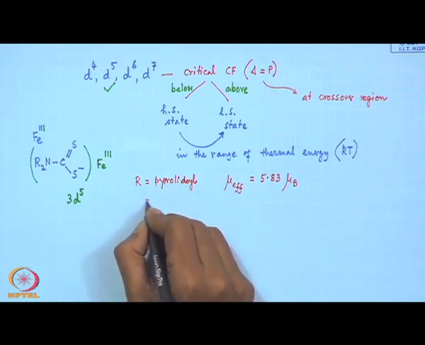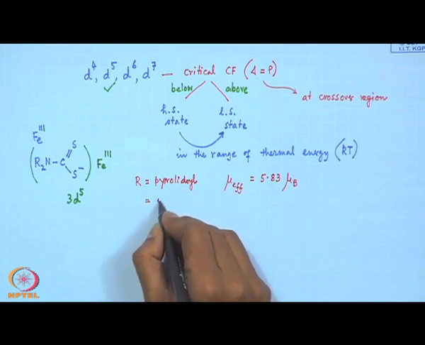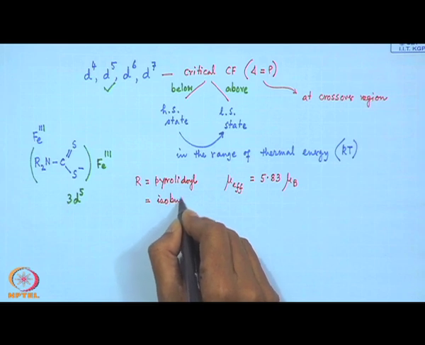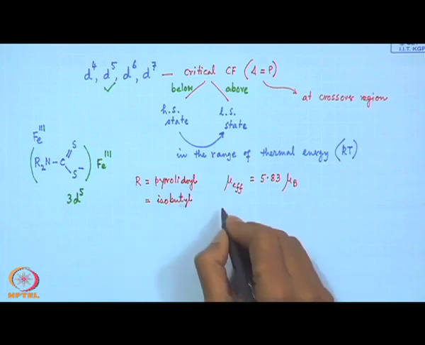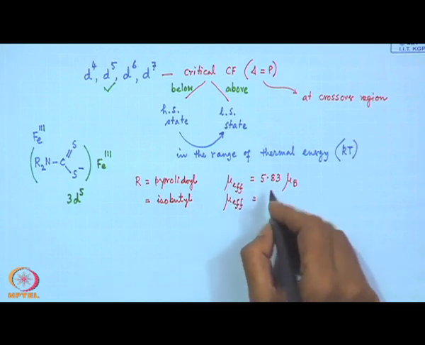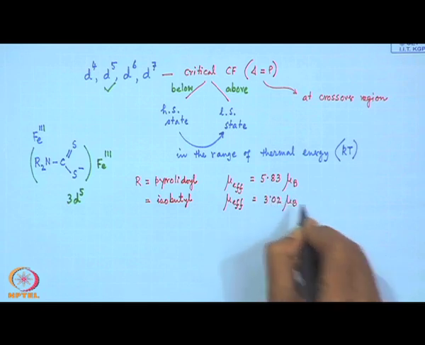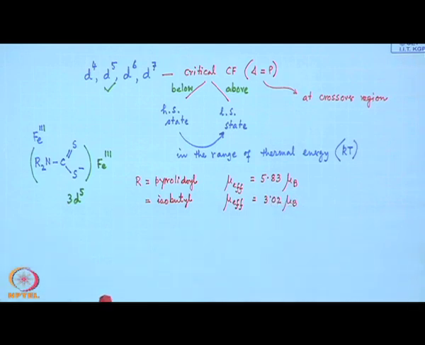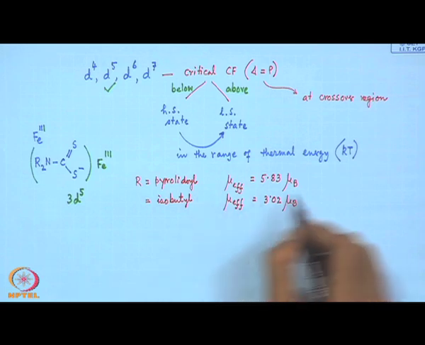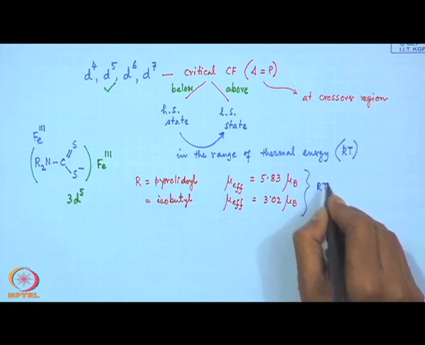But if we change the R group from pyrrolidoyl to isobutyl, the corresponding mu effective value for the same would be 3.02 Bohr magneton. So, simply by changing the R group, we get two types of magnetic moments when we measure this at room temperature.